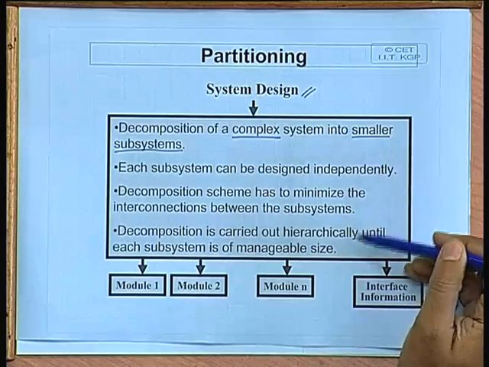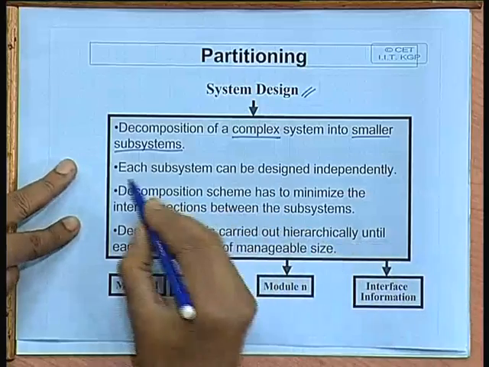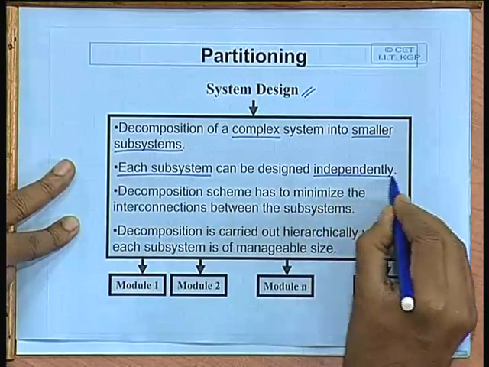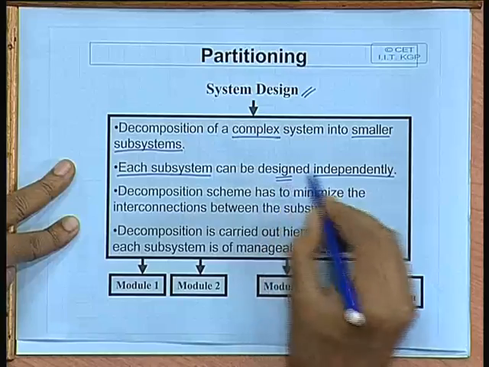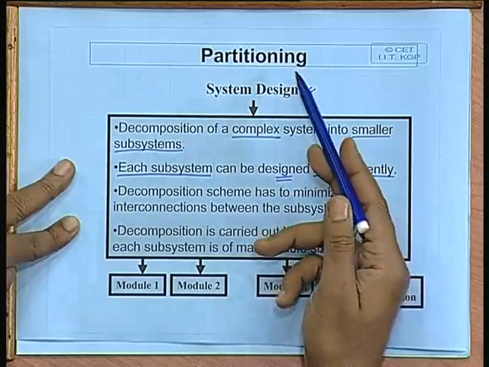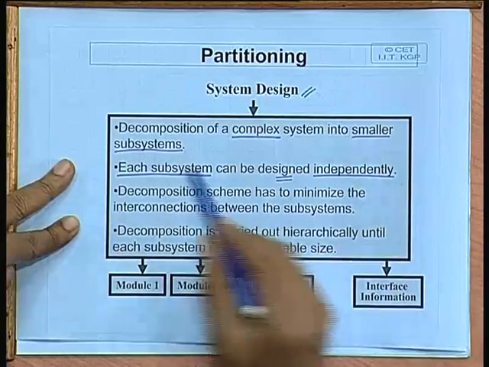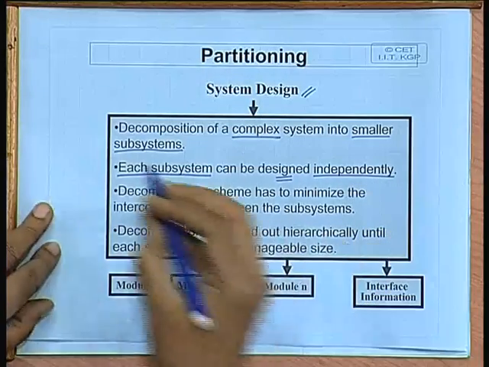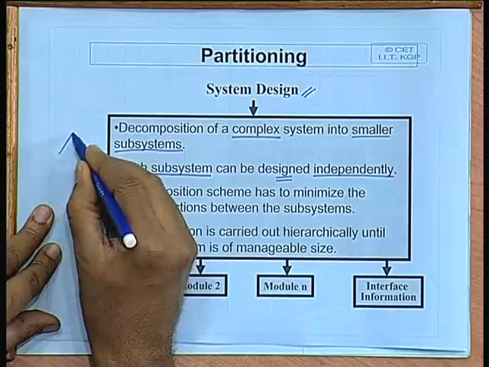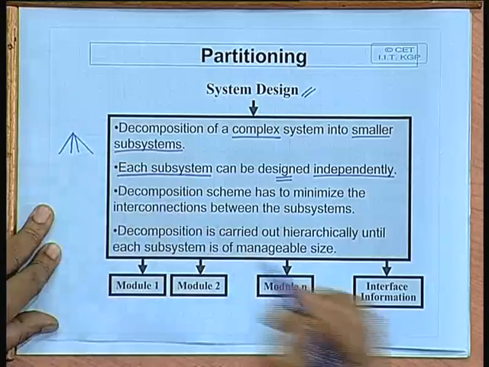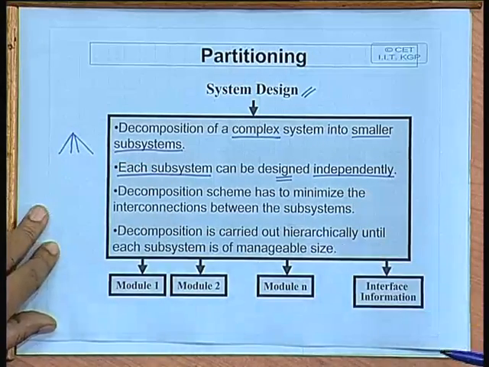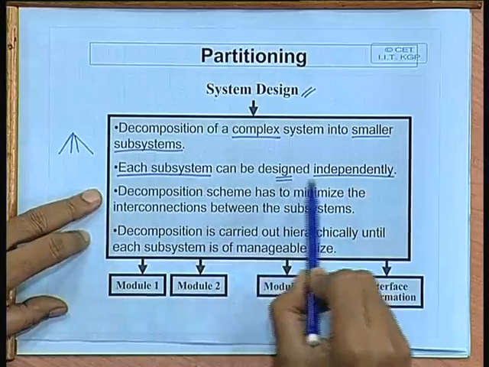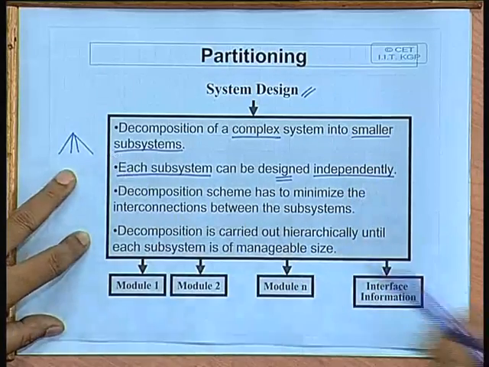The reason we do this is that each such subsystem can be processed independently, depending on the context under which we are doing partitioning, so that we have some kind of parallelism with respect to the thread of activities. So, one goal of partitioning is also to achieve some degree of parallelism.